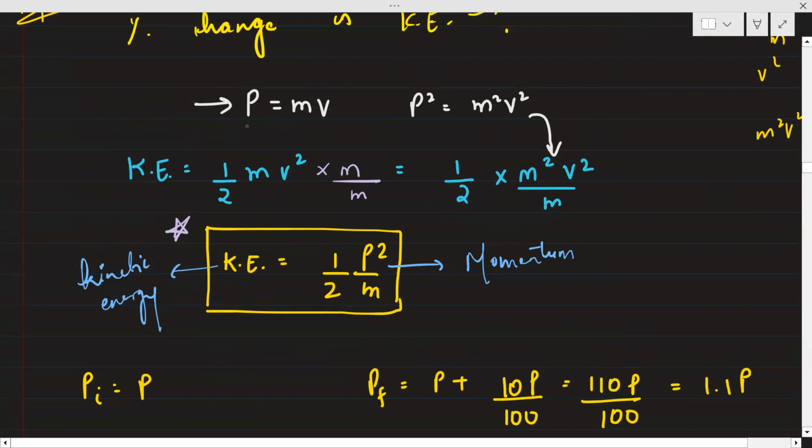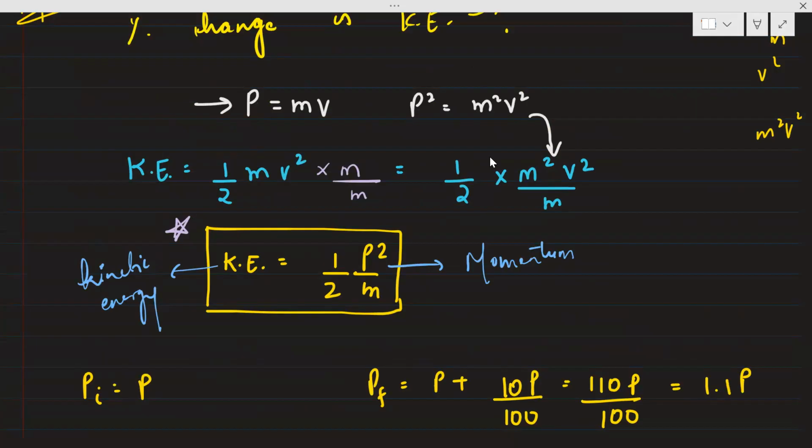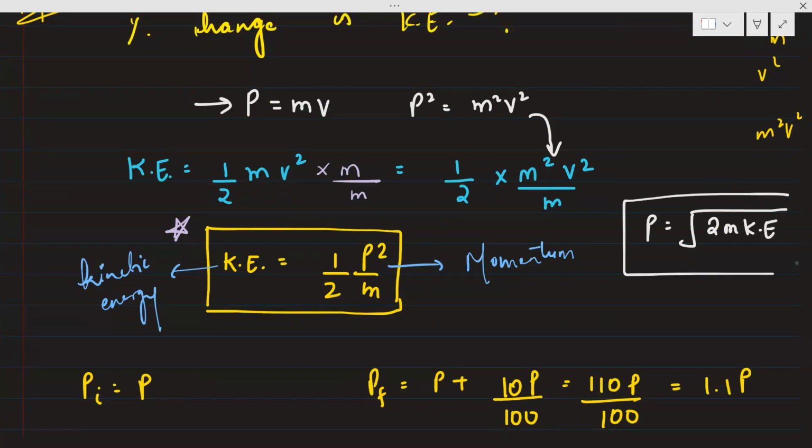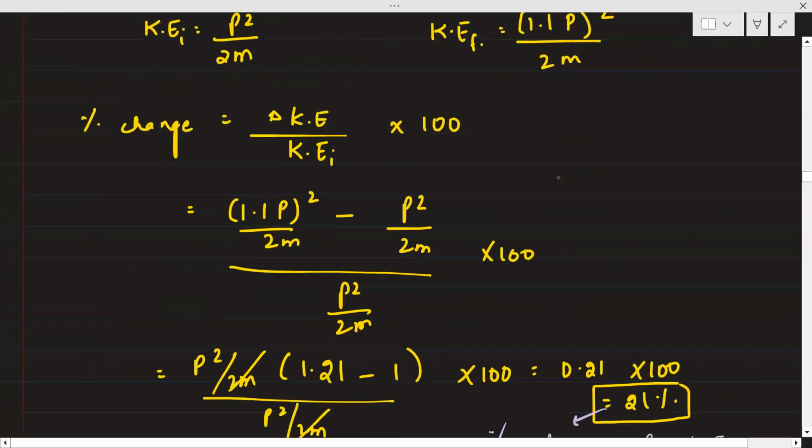So the momentum part is utilized here, and this formula between momentum and kinetic energy is often used. In fact, this is also used: the value of momentum will be equal to the square root of 2mKE. This formula is often used. So whichever quantity is asked, will you be able to manage the percentage? Is it clear?